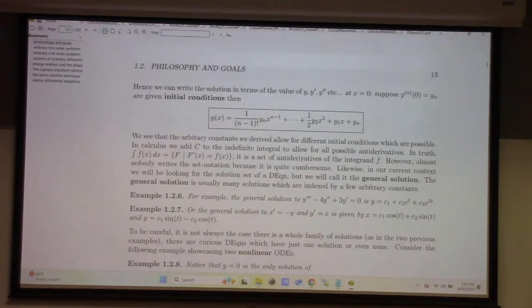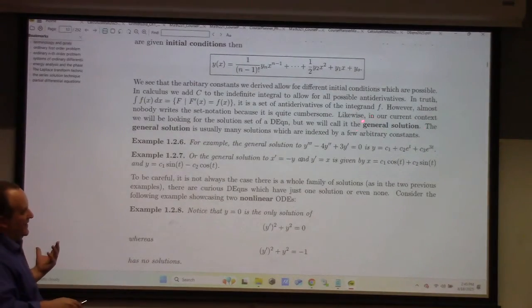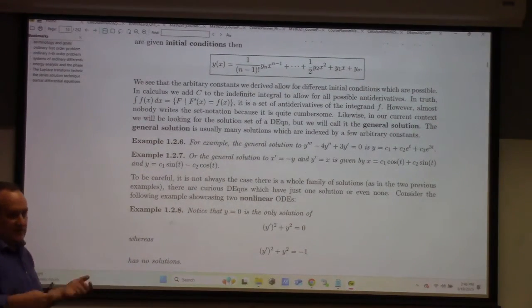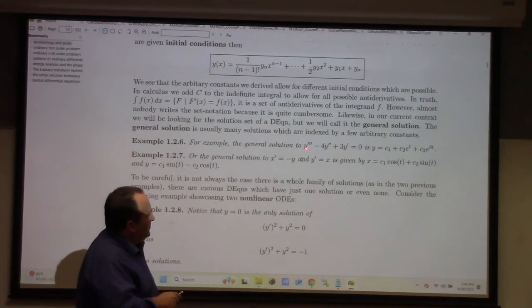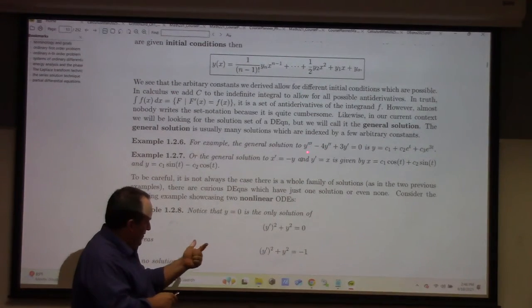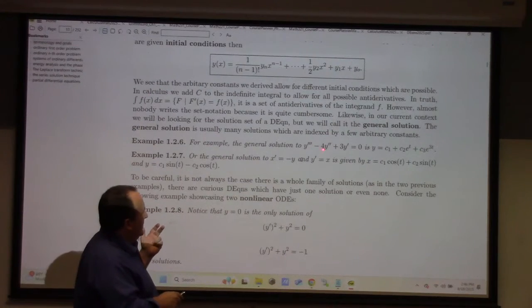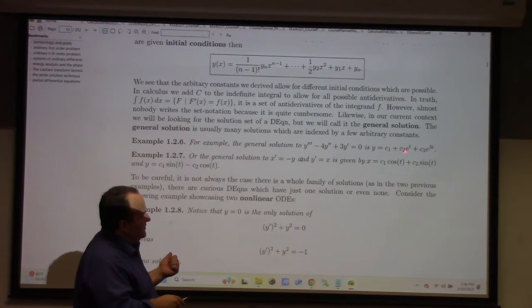So the general solution, that's a term we throw around in here, means a solution which allows for all possible contingencies for the differential equation. Like for this one, y triple prime minus 4 y double prime plus 3 y prime equal to 0, it turns out the solution is c1 plus c2 e to the t plus c3 e to the 3t.